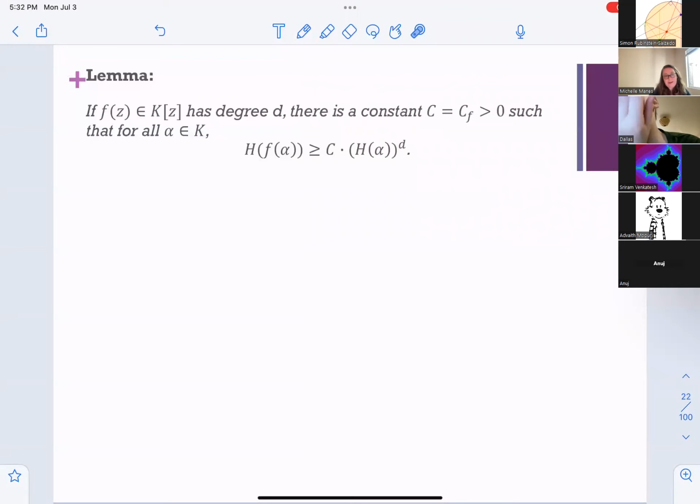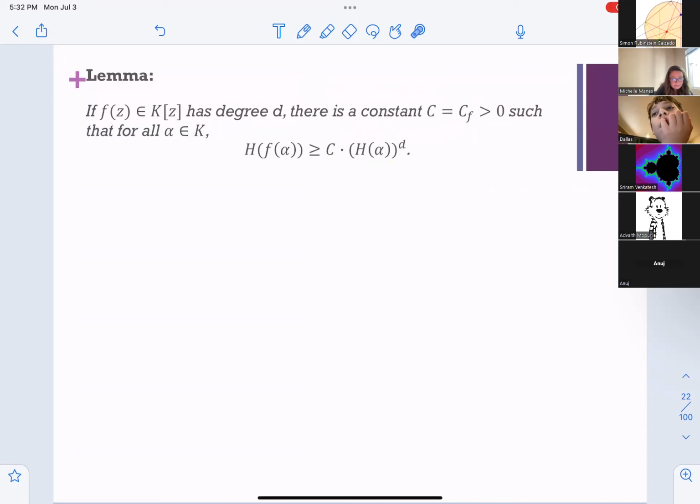That constant might be really big, it might be really small, but if you hand me a polynomial f, I can figure out that constant, and then I can say that the height of f of alpha looks like the height of alpha to the dth power, except it's bigger than the height of alpha to the dth power, up to this constant multiple, right? So I can compare them really precisely.